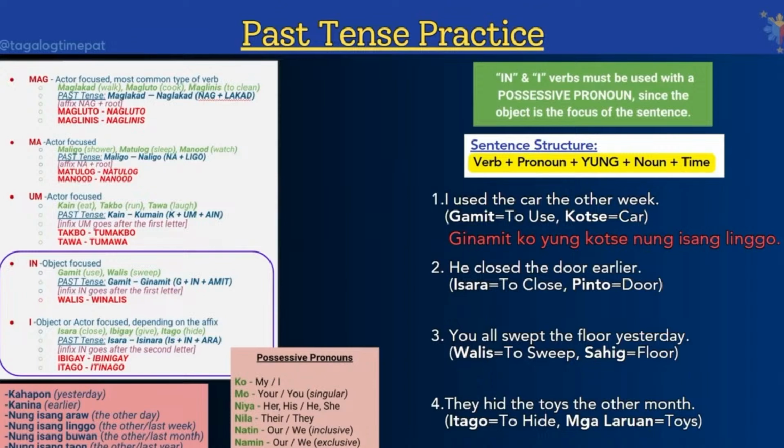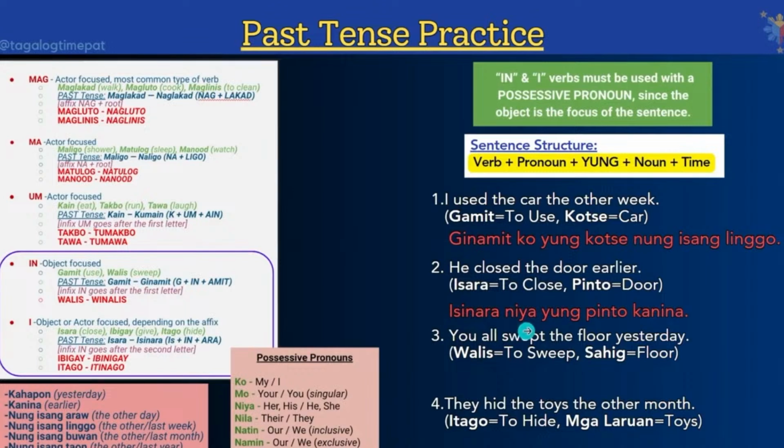All right, let's go ahead and start with number 2. He closed the door earlier. Isara means to close. Pinto means door. This would be, isinara niya yung pinto kanina. He closed the door earlier. So again, remember for e verbs, the in just goes after the second letter.